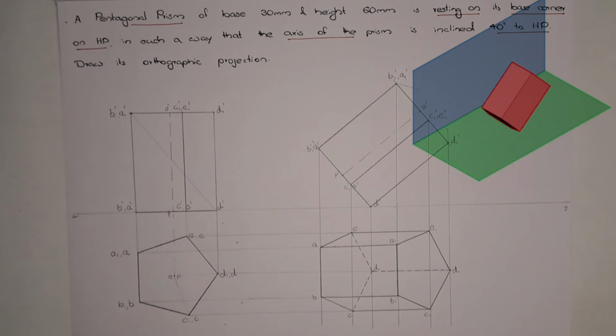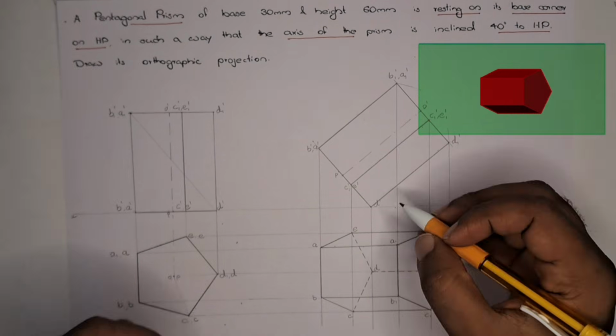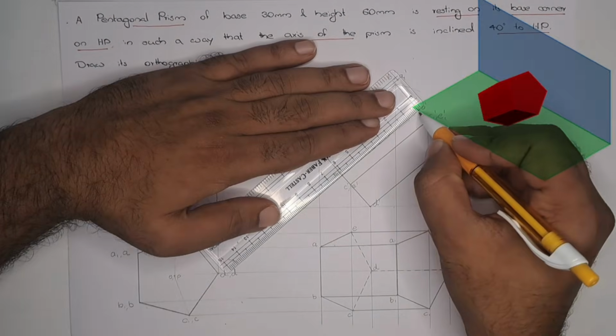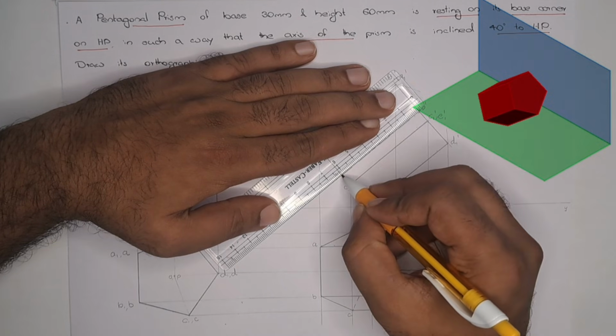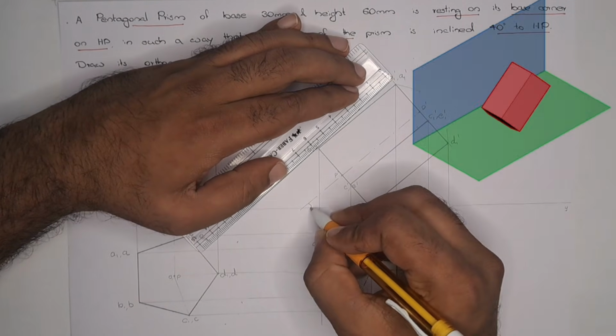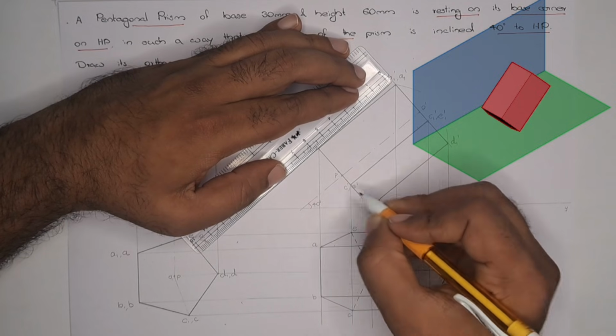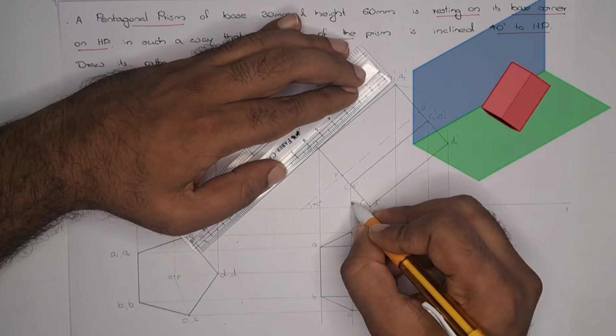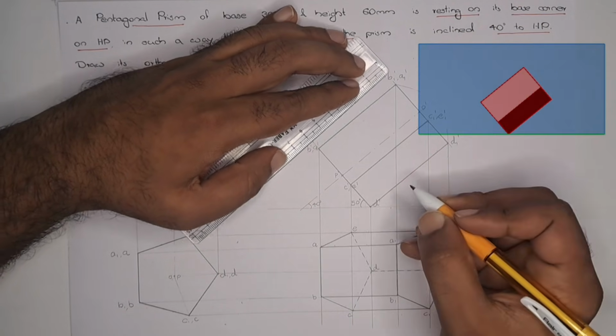Now we can mark the dimension and mark the angle. So this is the axis line. Here it is 40 degree, and the complementary angle we take is 50 degree.